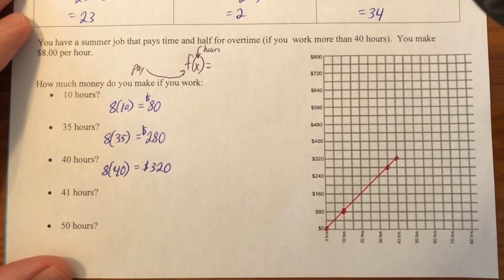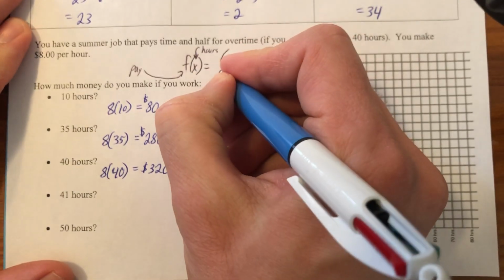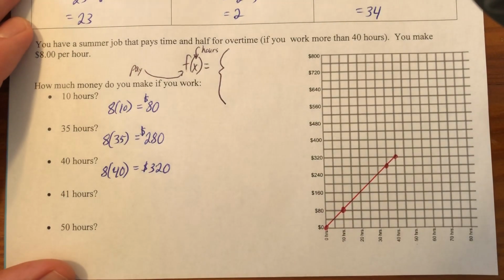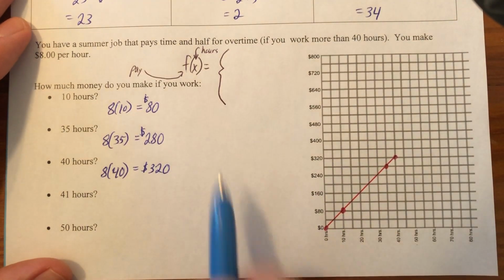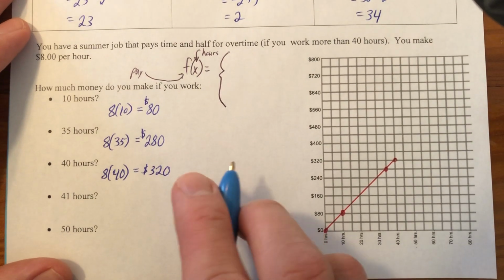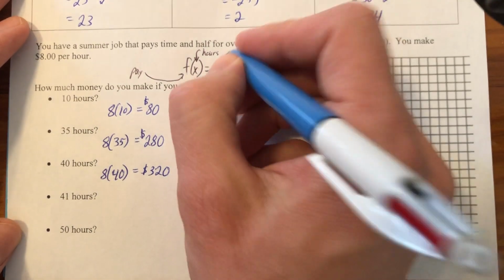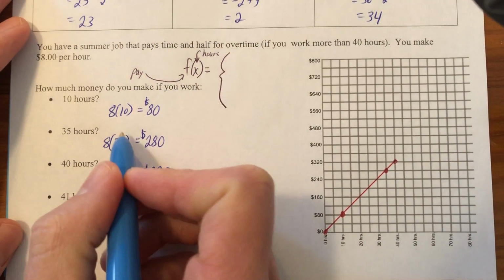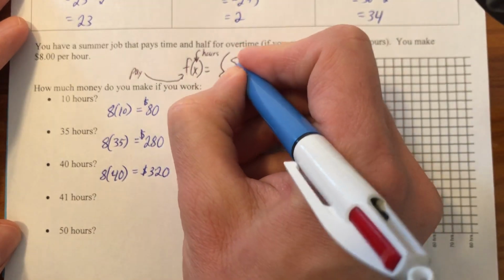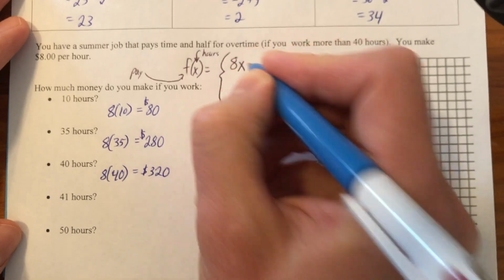And we're going to have a couple pieces to our piecewise function. The first one is the obvious one. That was not a very attractive bracket. Sorry, I just drew that ugly bracket, but we'll go with it. The first piece says, well, $8 an hour times the number of hours. So we saw that here. This was the common sense part. 8x.